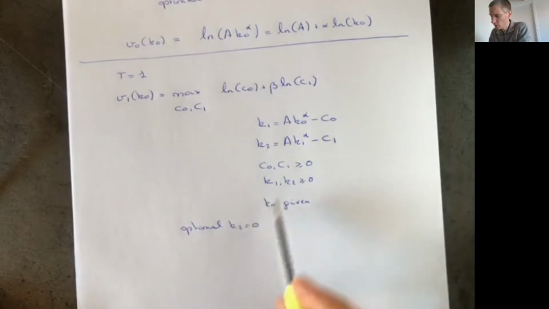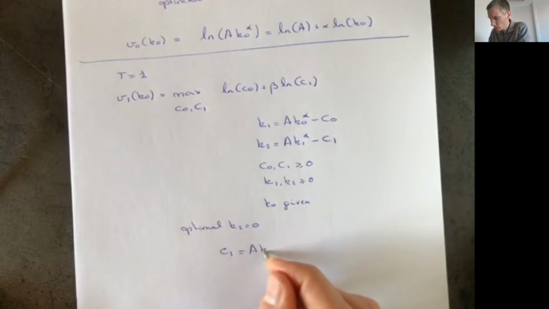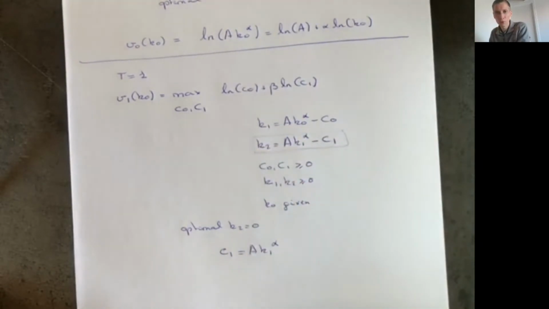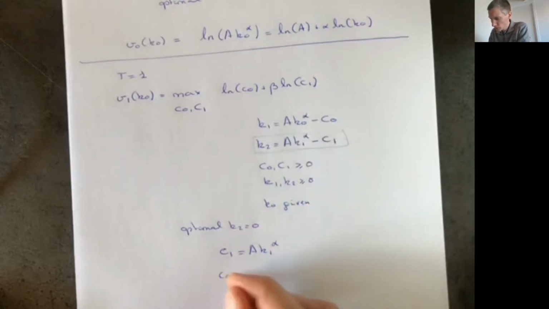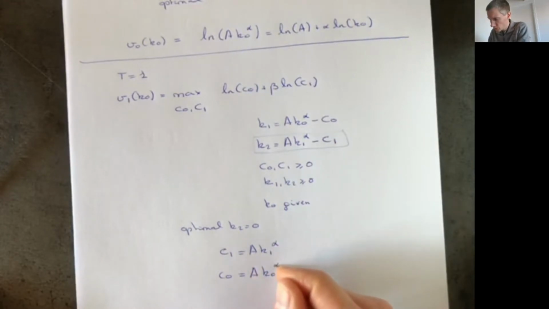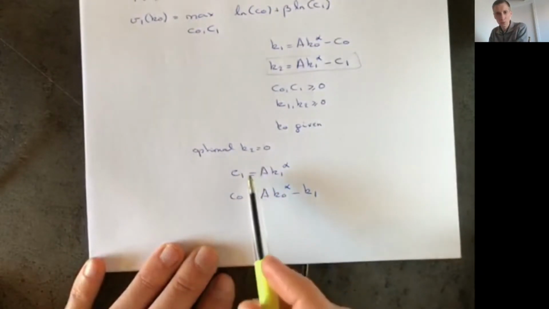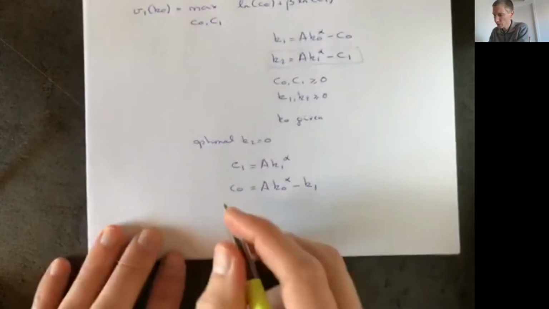Okay, so if K2 is equal to 0, then I know that C1 is equal to A K1 to the alpha because of this second law of motion, and C0 is equal to A K0 to the alpha minus K1. Okay, so what we're going to do now is plug this into our objective function.